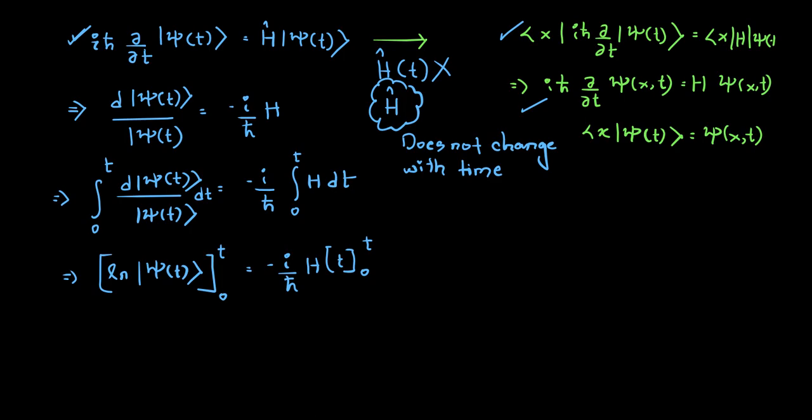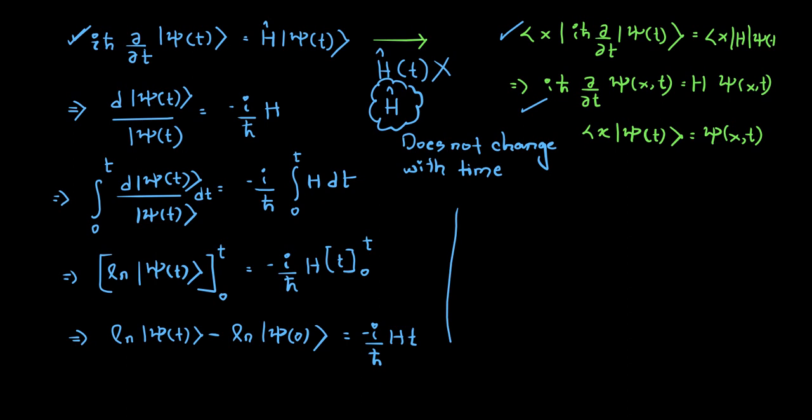Okay, and then what is this thing? This is nothing but logarithm ψ(t) minus logarithm of the wave function at 0, and this becomes minus i/ħ Ht. Okay, and then what comes out here?